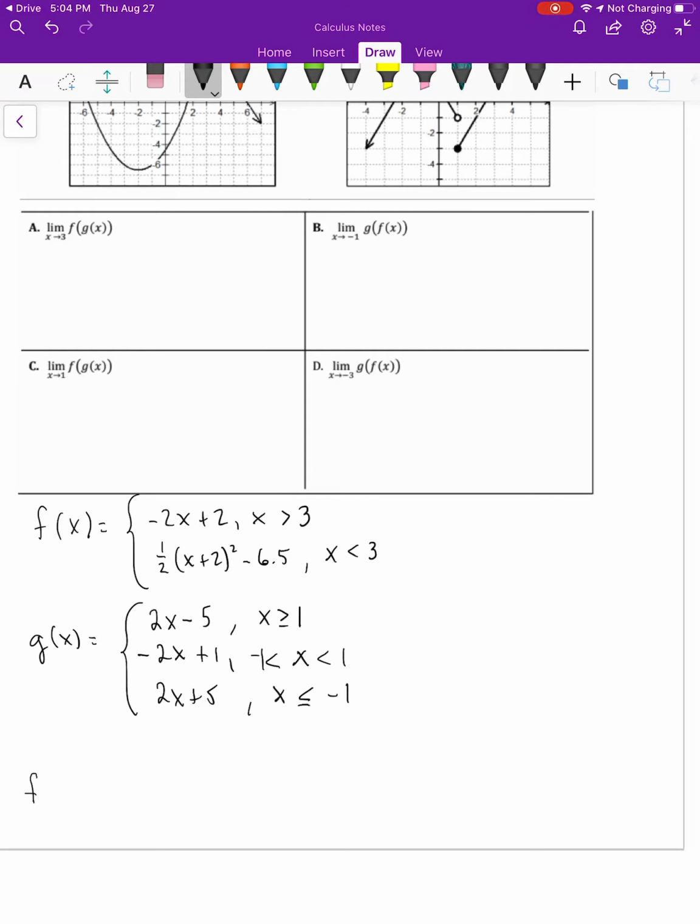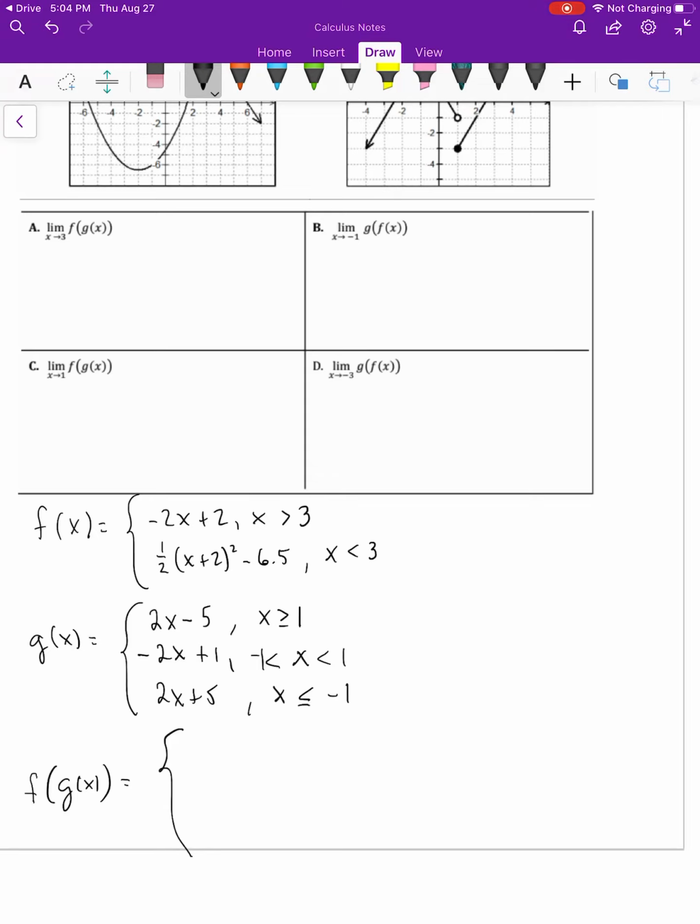Here it is. So your f of g of x is kind of complicated because you're putting g of x into f of x.